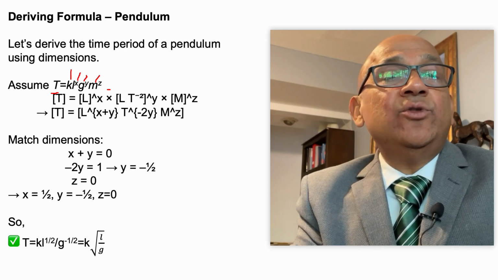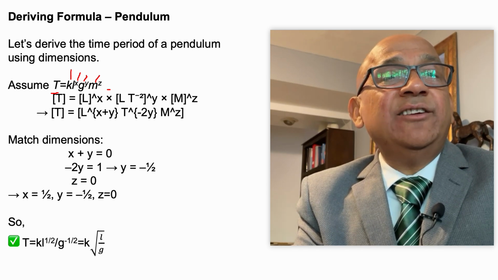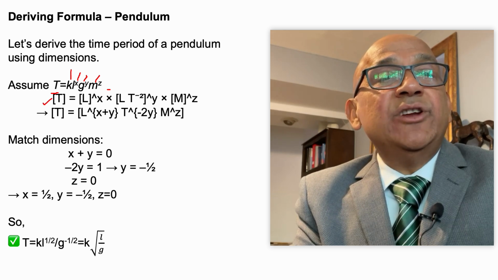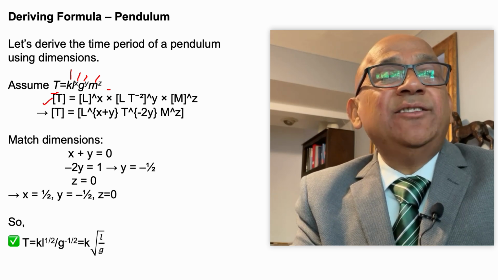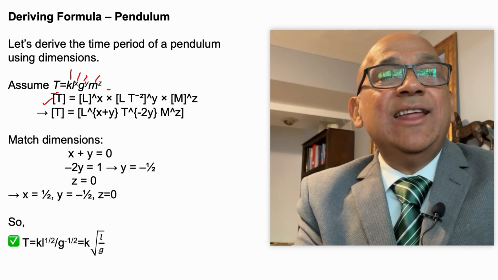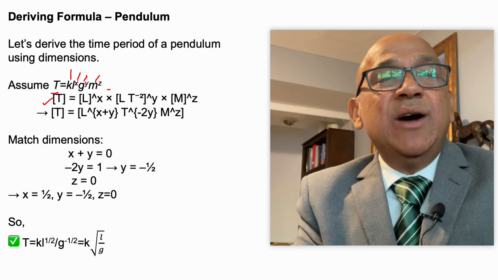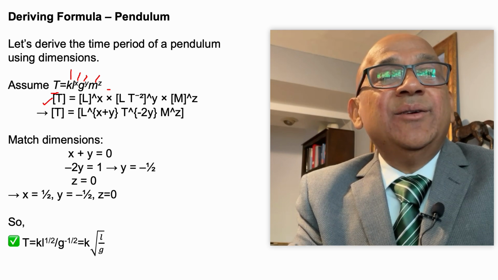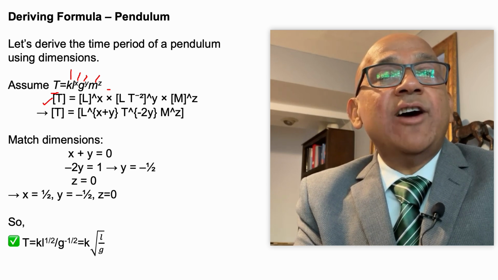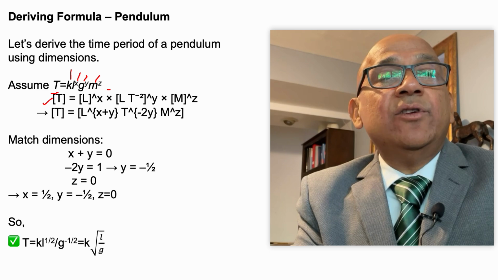Now let us look into the dimensions on both the left hand side and right hand side. On the left hand side, the dimension is simply T. On the right hand side, we have to put the dimensions of all these individual quantities like length, g, and mass, with the appropriate powers. So L to the power of x times (L t^-2) whole to the power of y, and then M to the power of z.